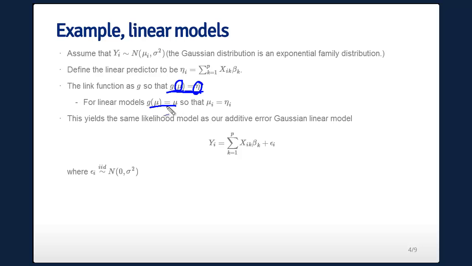And in the linear model, g of mu is just mu, so that mu i and eta i are the same. So in other words, the mean satisfies this relationship, and then we're just back at the ordinary linear model that we all know and love. So this yields the same kind of likelihood as our ordinary additive Gaussian linear model.